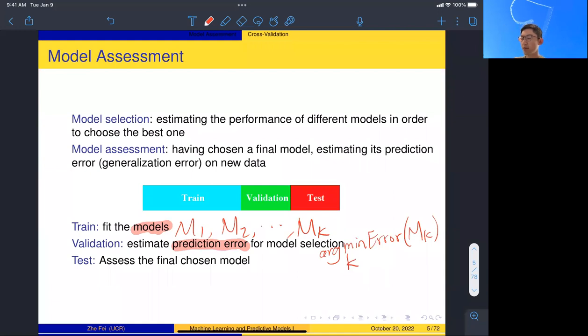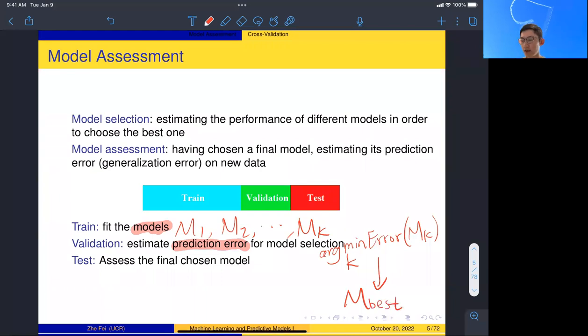So you evaluate the prediction error of all your models, and you select the best model with the minimum prediction error. That's the purpose of the validation set. So with the training and the validation, you get your best model, which we call M best.